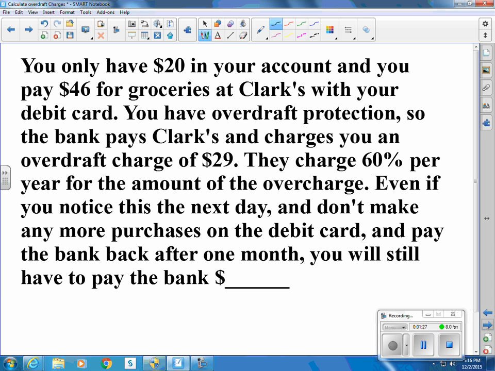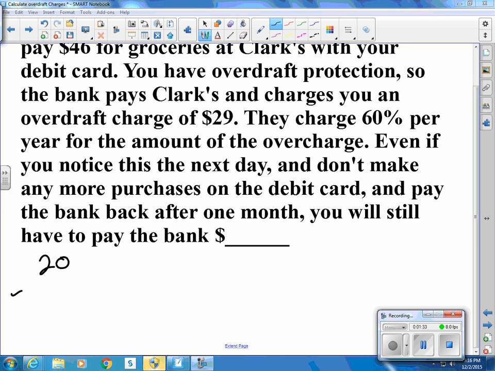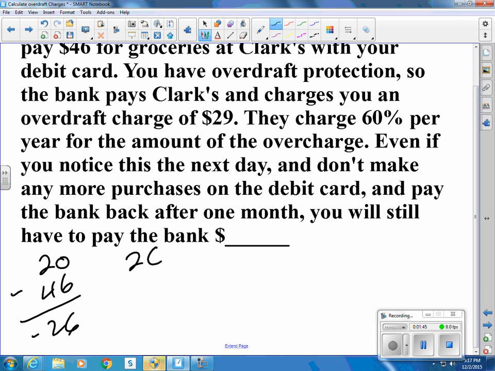So we say $20 minus the $46. That says we went over by 26. So we have to pay the bank the $26, plus we have to pay the bank the $29. So we have to pay the bank $55.